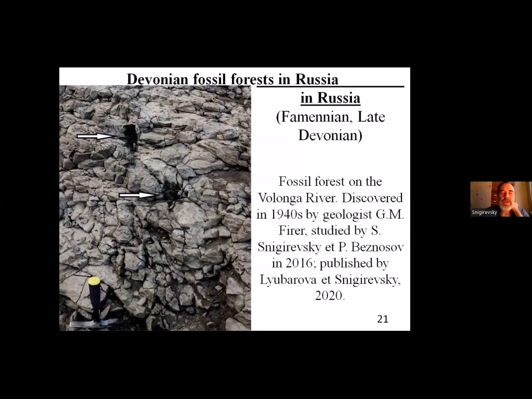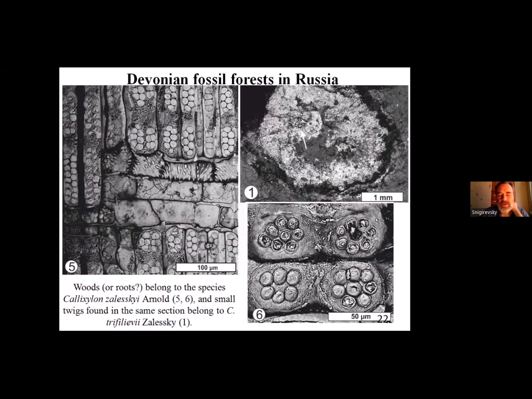and colleagues on the Volga River, in northern Timan. There are three vertical in situ fragments of Archaeopteris trees of Callixylon-Zalesskya type of anatomical structure. Here you can see these scan photos, 5 and 6.